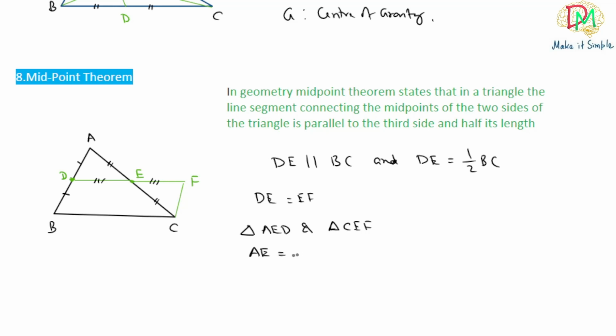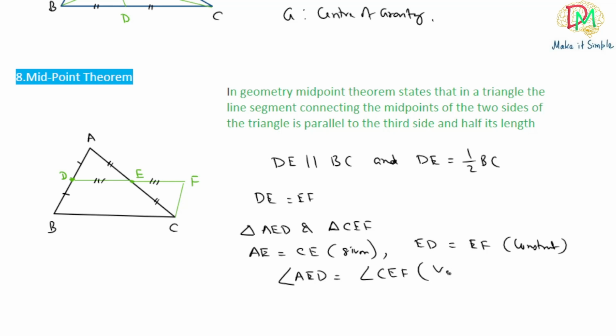In triangles AED and CEF, AE is equal to CE, given. ED is equal to EF, constructed. Angle AED is equal to angle CEF, vertically opposite.